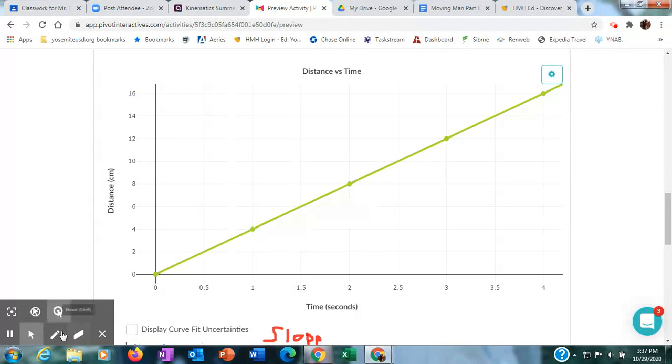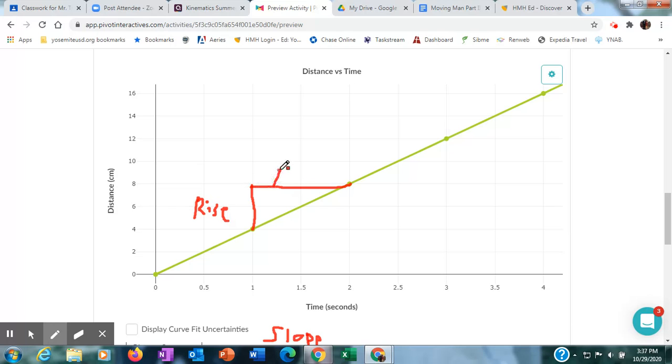And in fact, as a nice refresher, the slope of any line is going to be your rise over your run, which makes sense.